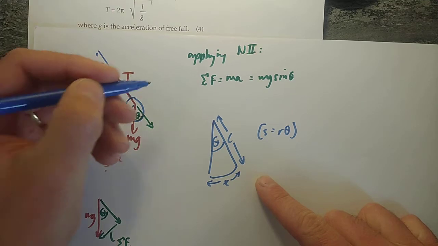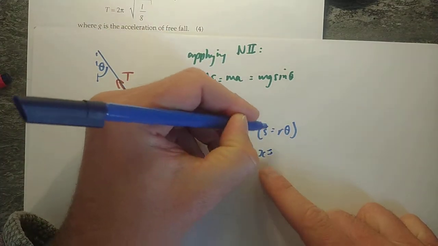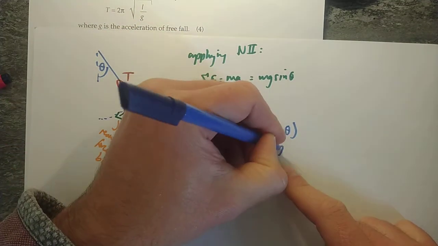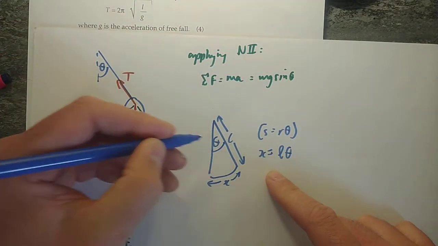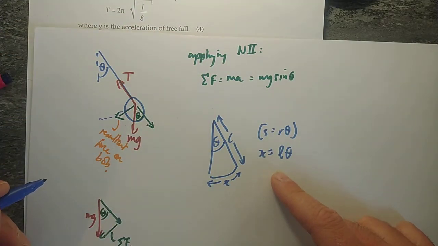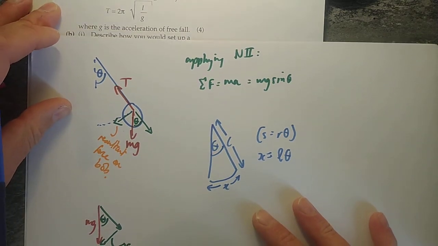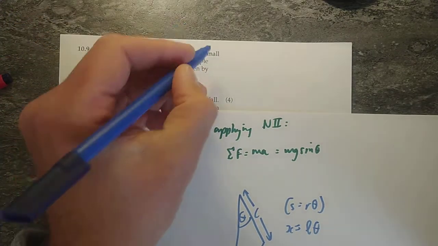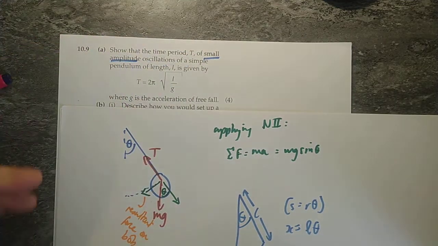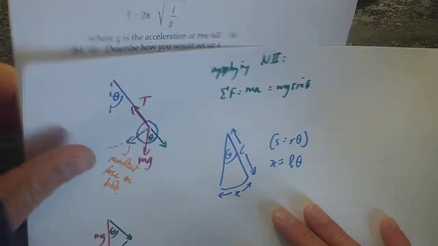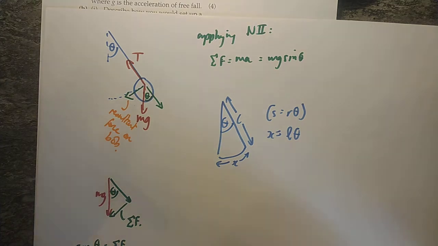So using our notation here, our arc length s is x, our radius is our length L, and our angle there is theta. You'll quite often see in a question that it says small amplitudes. This bit here, small amplitudes, tells us that we can use the small angle approximation.